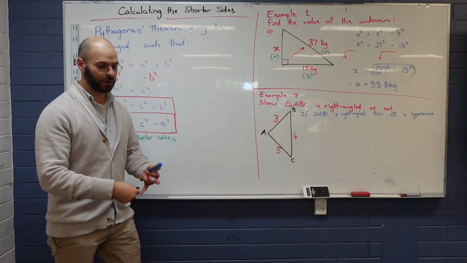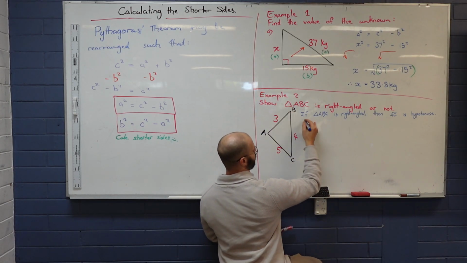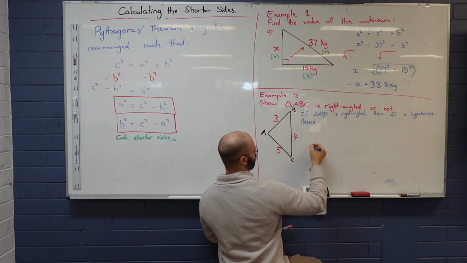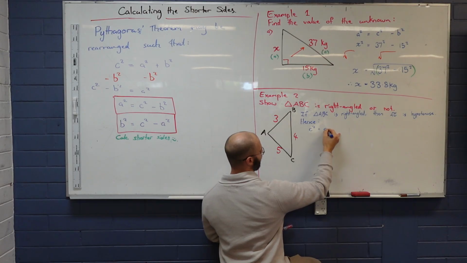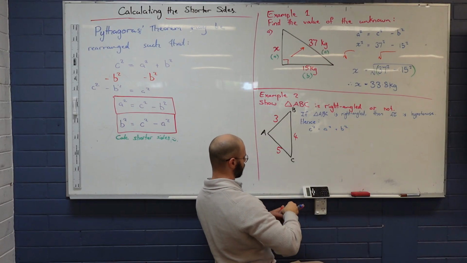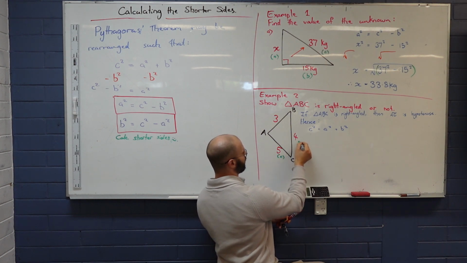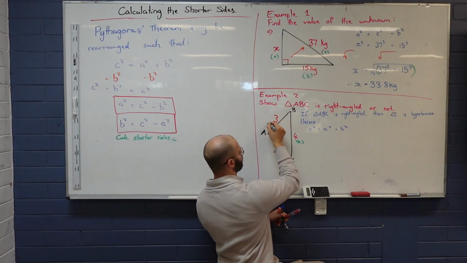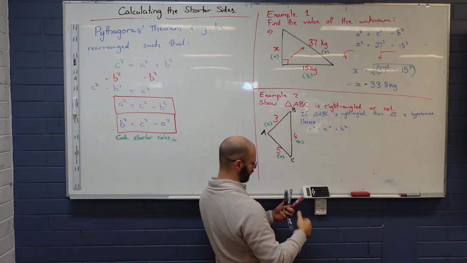Now, if this is right angled, then what we're going to discover is that C squared equals A squared plus B squared, where this is going to be C, this could be A, this could be B. It doesn't really matter which is A and B, so long as C is the longest.